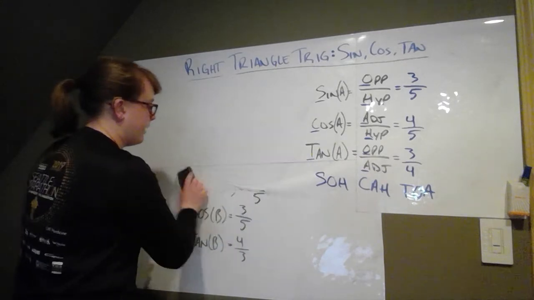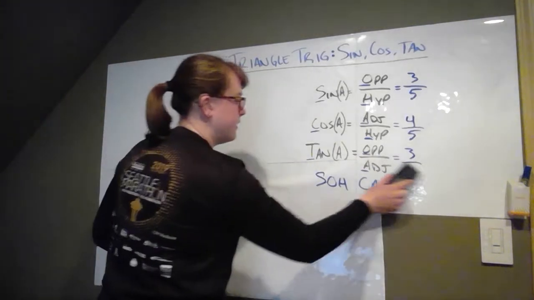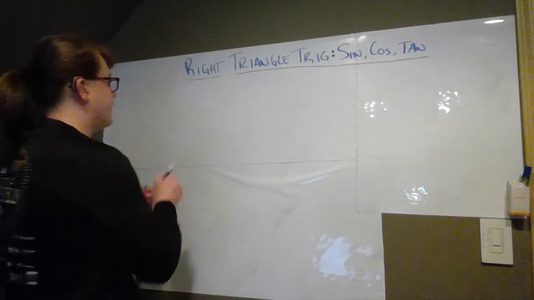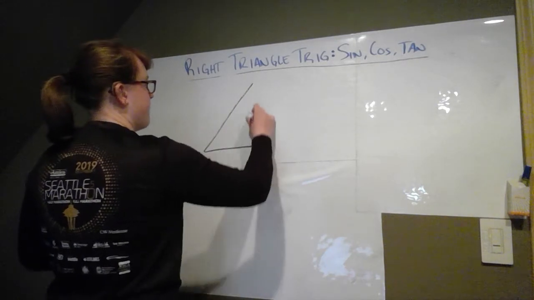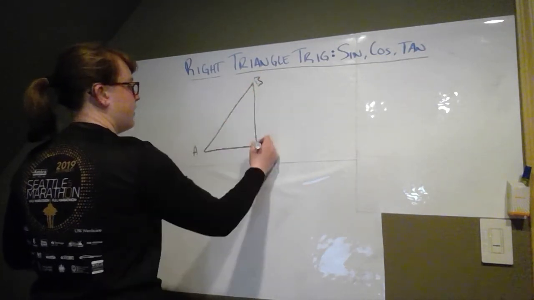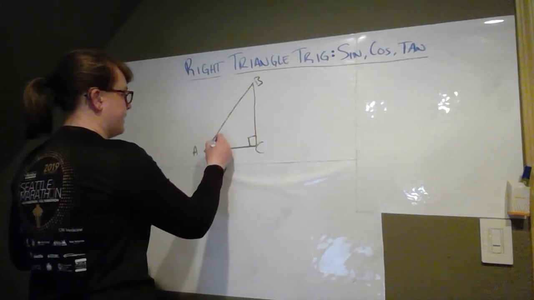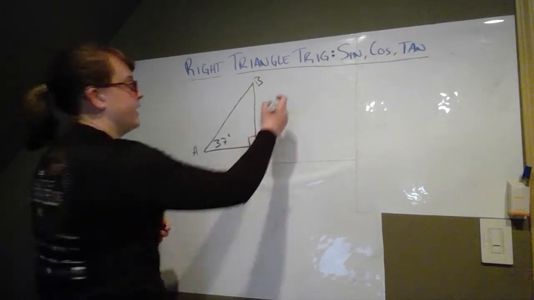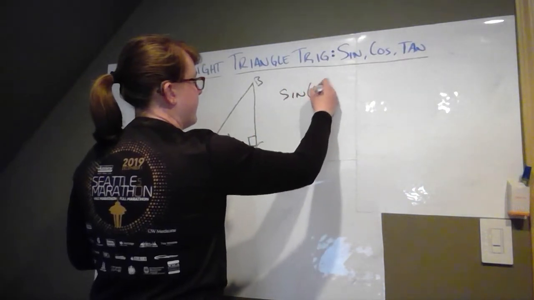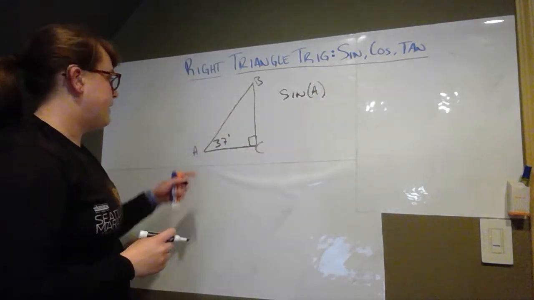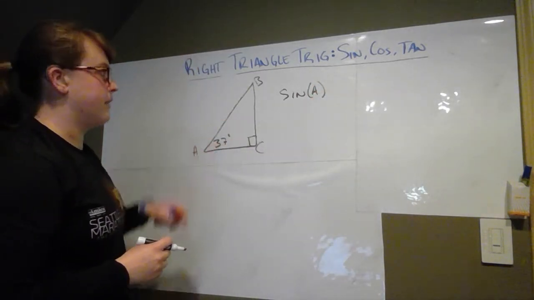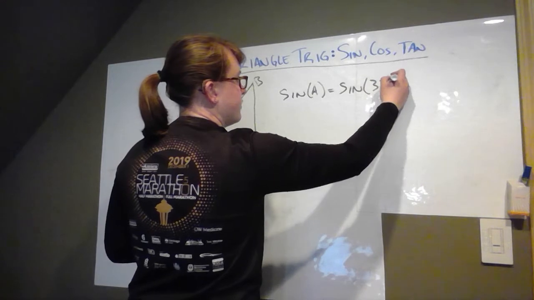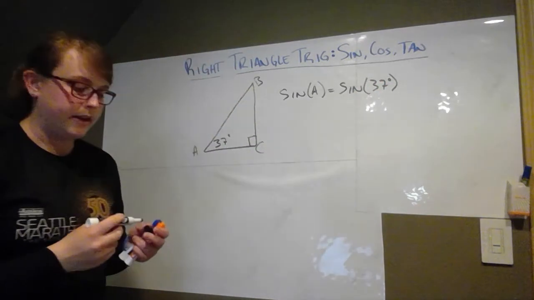But if I do know an angle, so let's say I've got a right triangle here, and I know that this angle is 37 degrees. And what if I were asked what is sine of angle A? Well, I don't know any of my sides, but I know this angle, right? So sine of A is just sine of 37 degrees because the angle goes inside the parentheses.